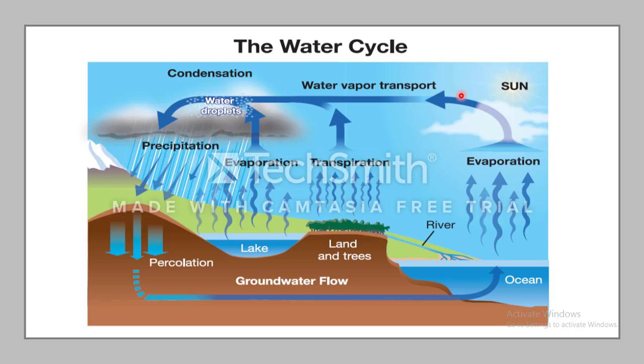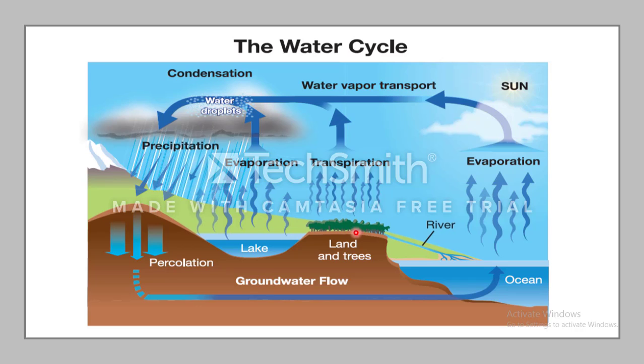When it goes into the atmosphere, the water vapor condenses into water droplets, where it then turns back into the liquid phase and falls down to the earth in the form of precipitation, and it is pulled down to earth by gravity.